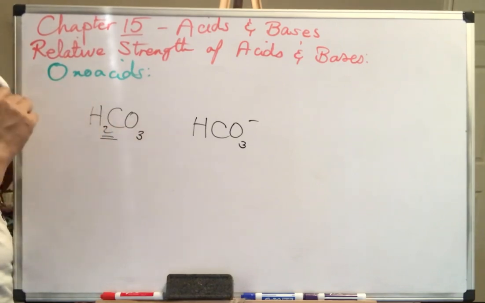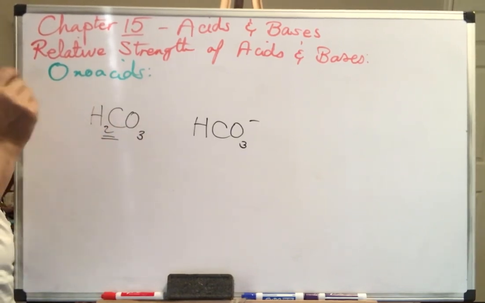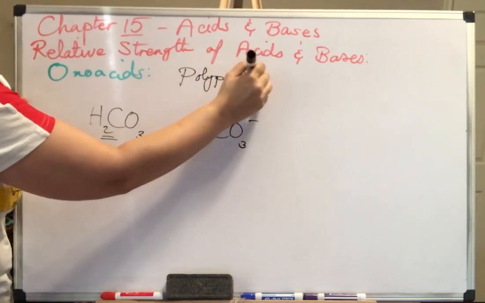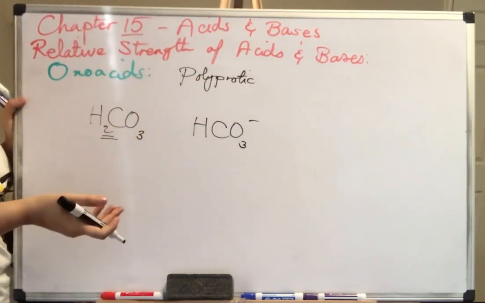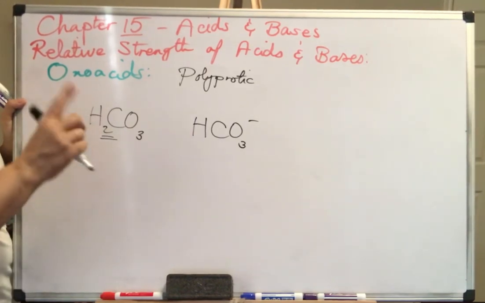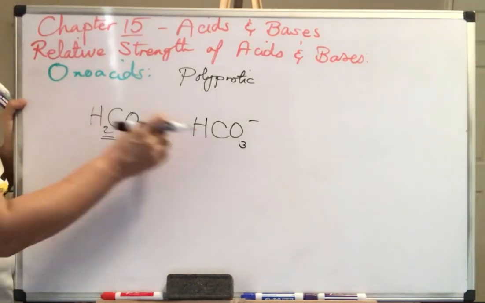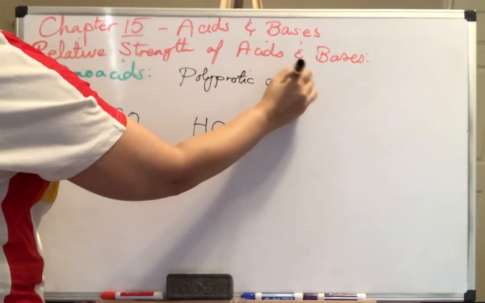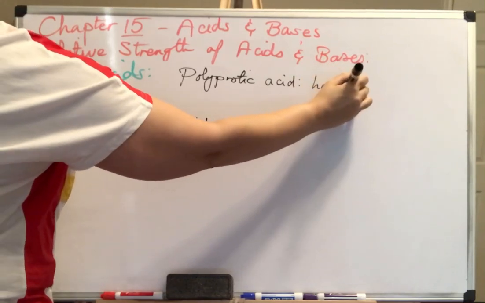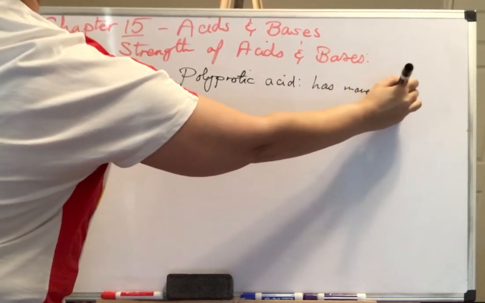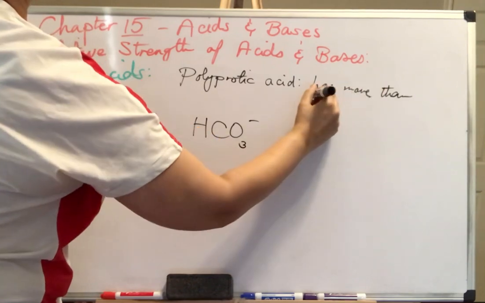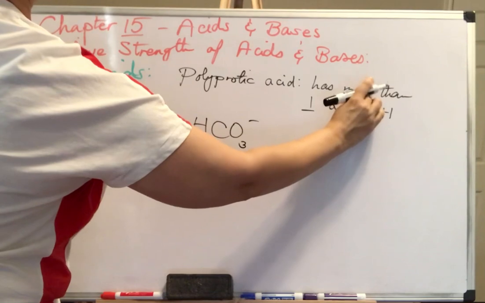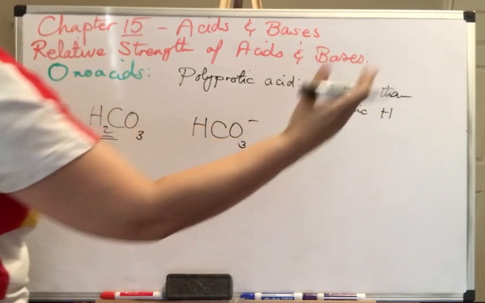It is an acid that has more than 1 acidic hydrogen. So far, each of the acids that we compared had just 1 hydrogen. But what if your acid has more than 1 hydrogen? What is an acidic hydrogen? It is the hydrogen which is released.